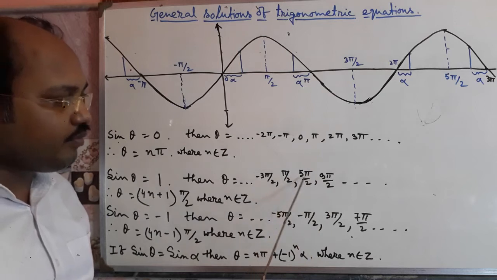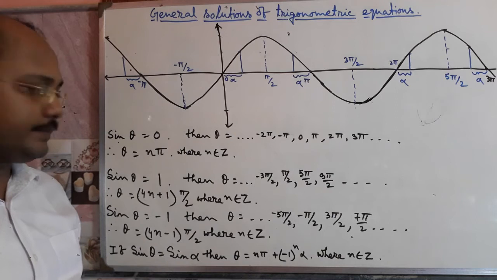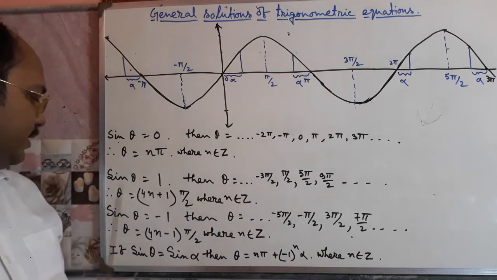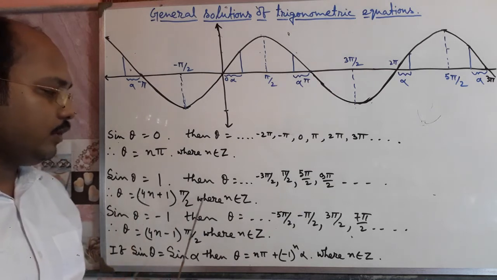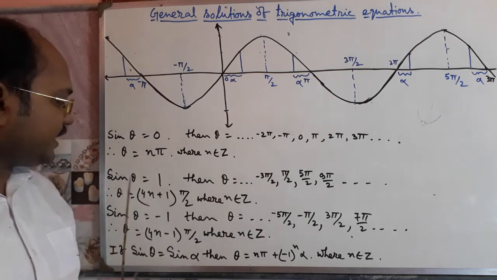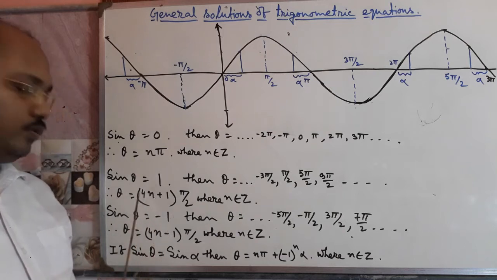If you divide by 4, the remainder will be 1 in each case. So all these angles can be written in the form theta is equal to (4n plus 1) into pi by 2, where n belongs to Z. So if sine theta is equal to 1, then theta is equal to (4n plus 1) into pi by 2.